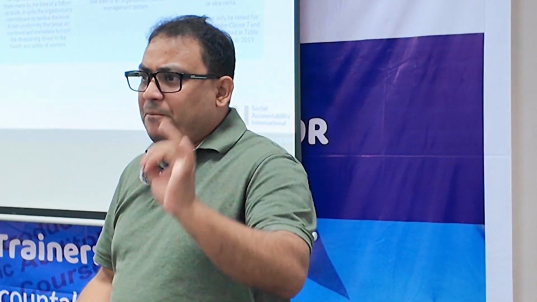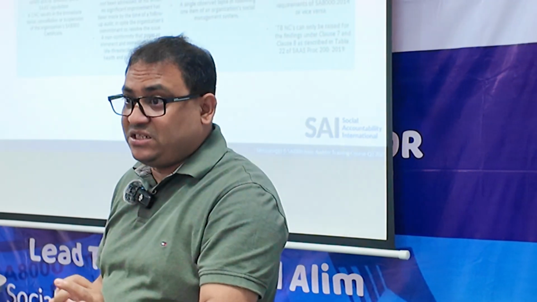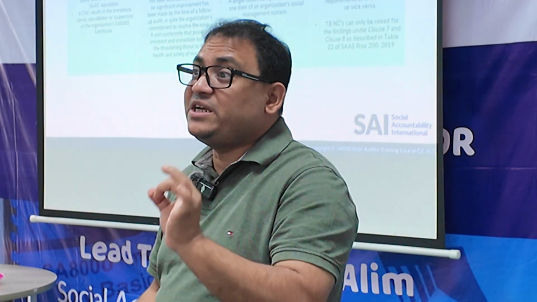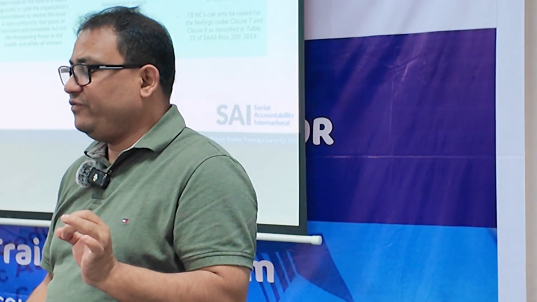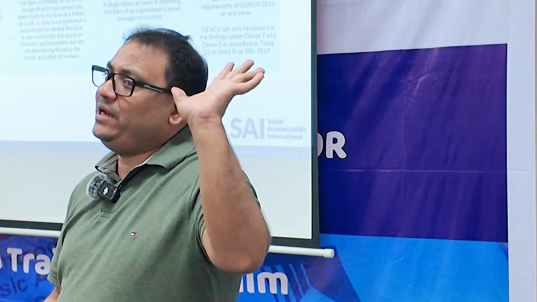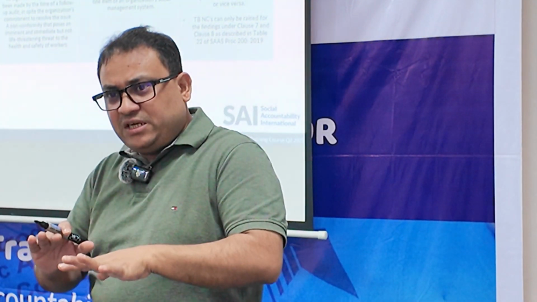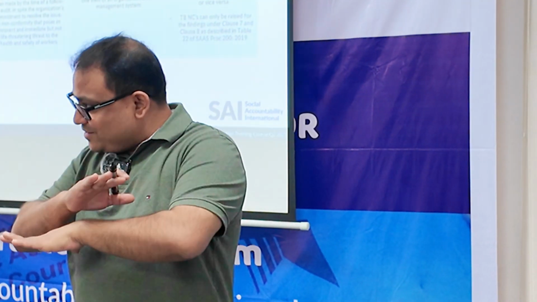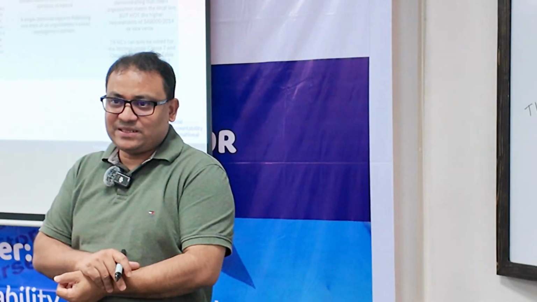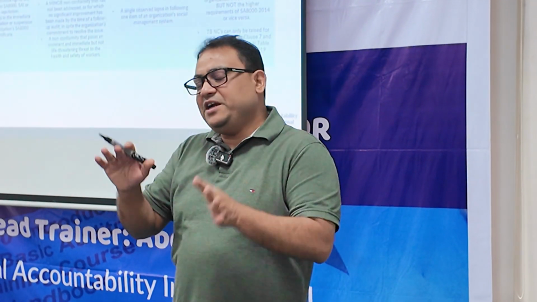Or if it is a management system breakdown, it is a systematic problem. They do not have any plan to train their people, then it is major, because 3.6 completely missing, 9.9 completely missing, there is no system in place, then it is major.